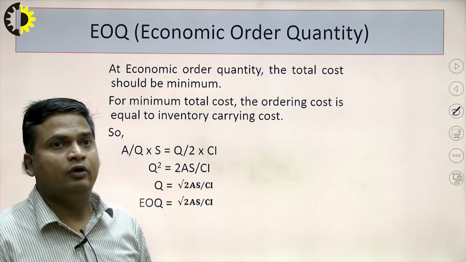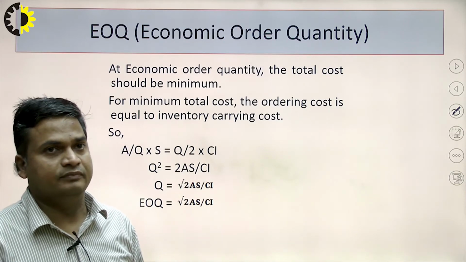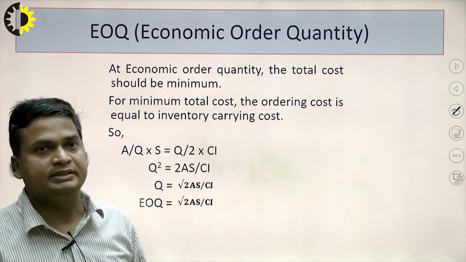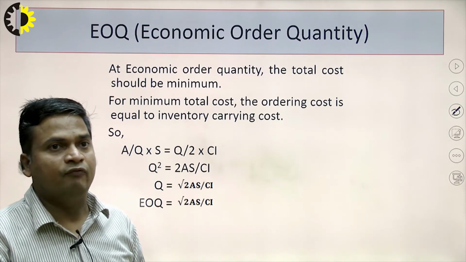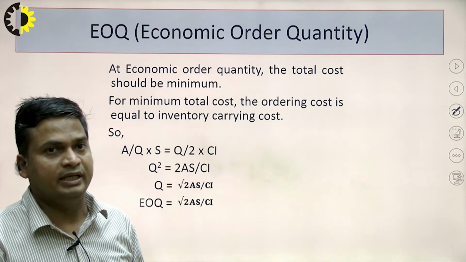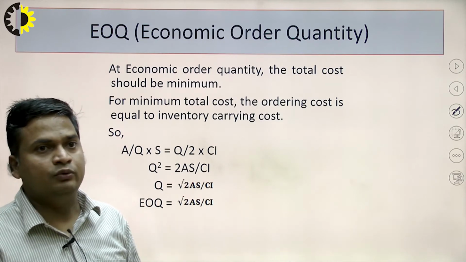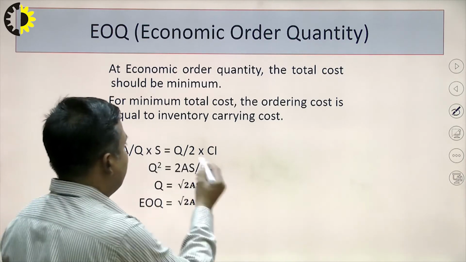Now, at economic order quantity, the total cost should be minimum, as we have seen in the previous slides in the diagram, that for minimum total cost, the ordering cost is equal to inventory carrying cost. So, A by Q into S, that is the ordering cost.